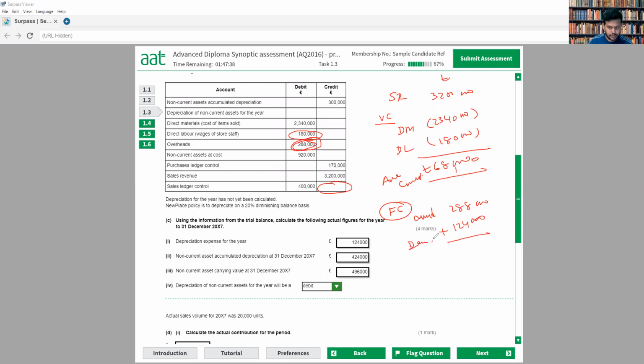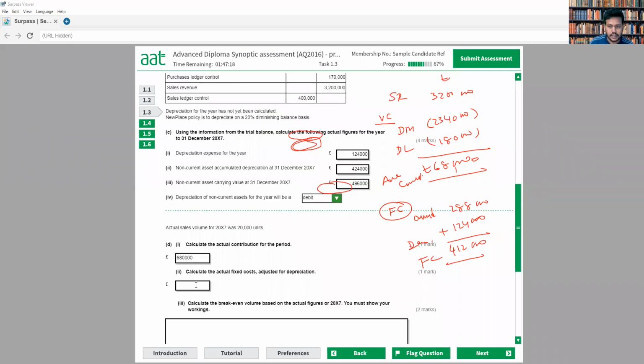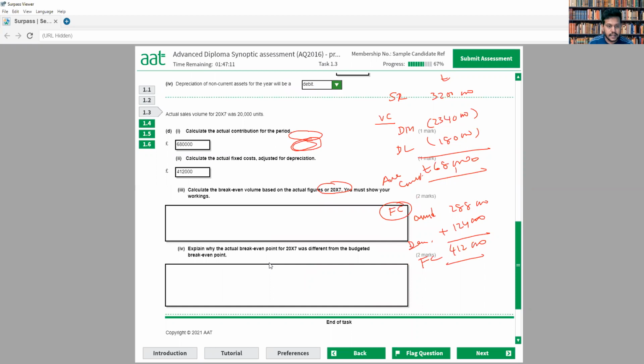So we have 288,000 plus 124,000, and that gives me 412,000. That's my new fixed cost. So let's move on. That will be 412,000.